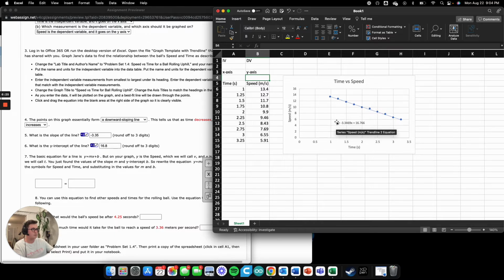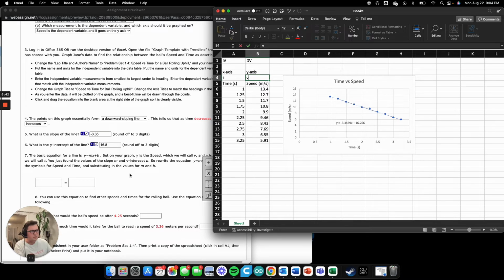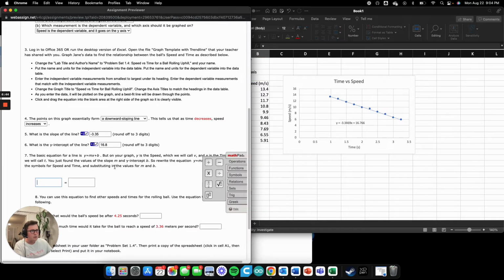The y-axis value is equal to this number times the x-axis value plus this number. Okay, so our x is little t, our y is little v. So this says little v, right? Yeah, little v right there.